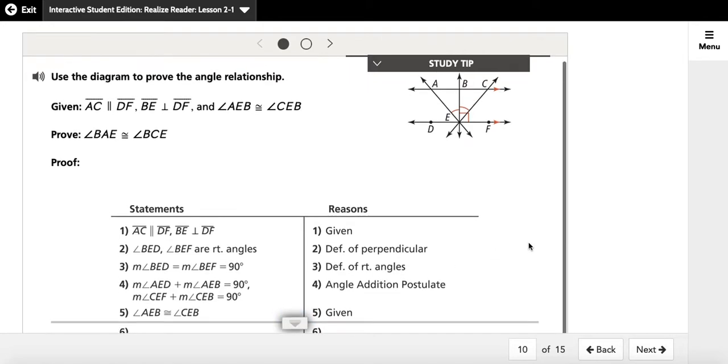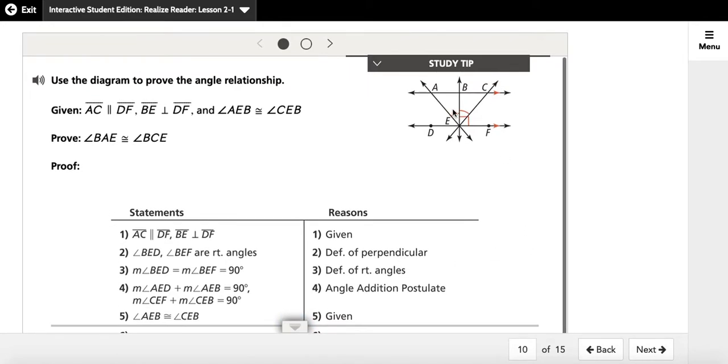Then they bring in the given that this angle in here, AEB, is congruent to this angle in here, CEB. And if you know these two angles are congruent, and those two add up to 90, and those two add up to 90, we can get to the next part.